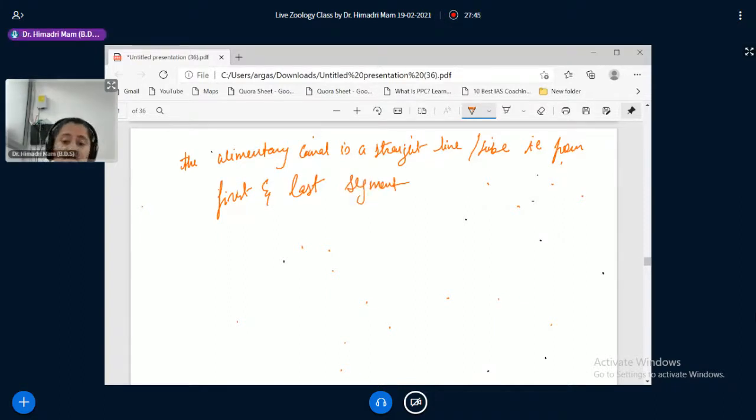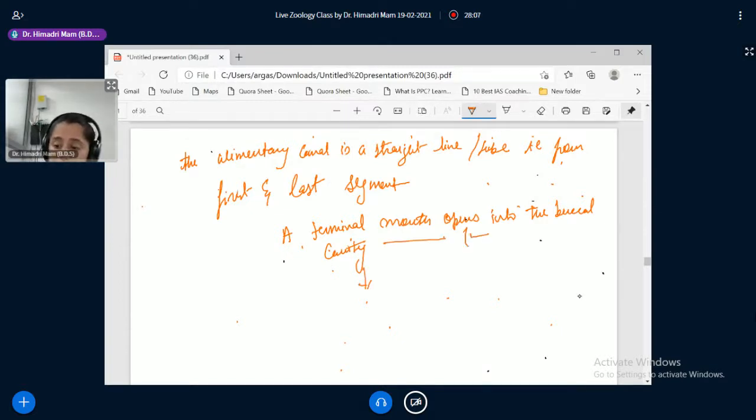Now, a terminal mouth opens into the buccal cavity. That is, they have between 1 to 3 segments.